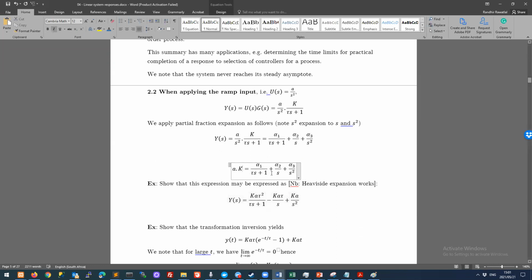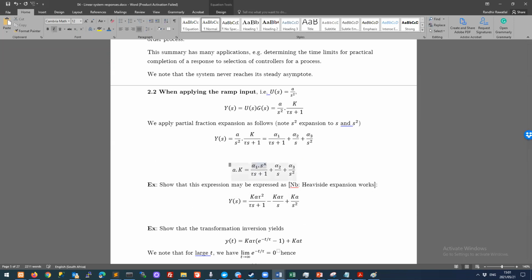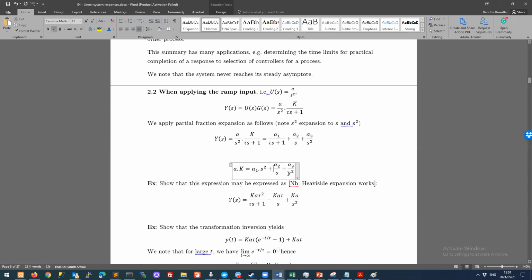And when we multiply the first term on this side, it's going to be s squared times this thing, and that part will cancel out. Then here we'll have alpha 2 times s.